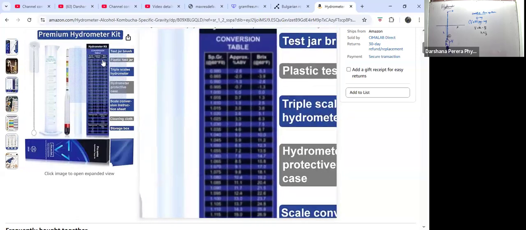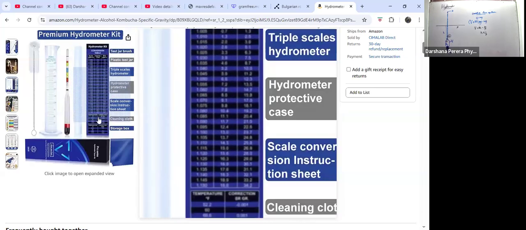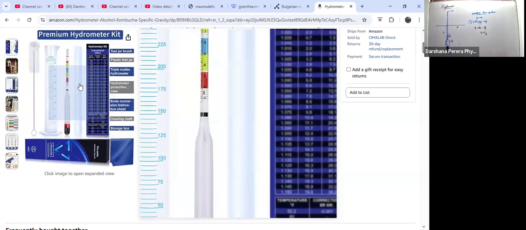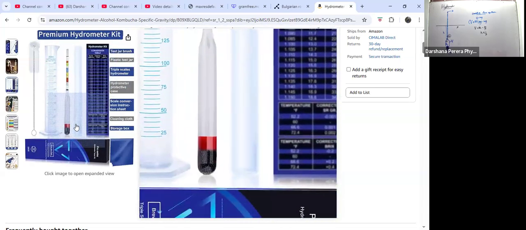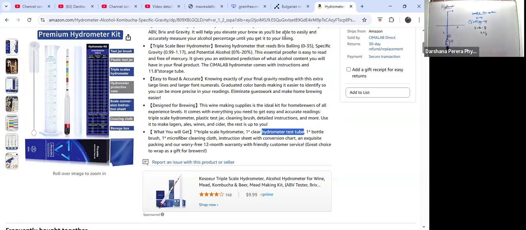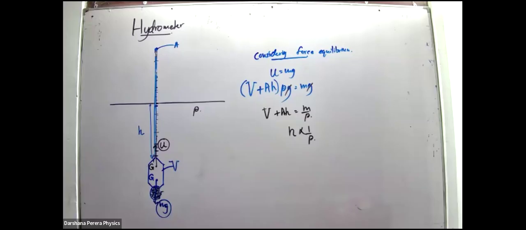So there is a table also, a hydrometer kit, and there are the values and the apparatus like this. So this is the hydrometer. Right. Then write down.